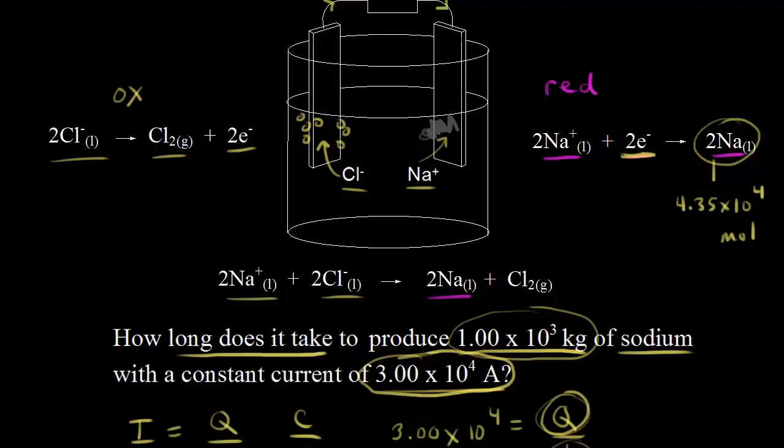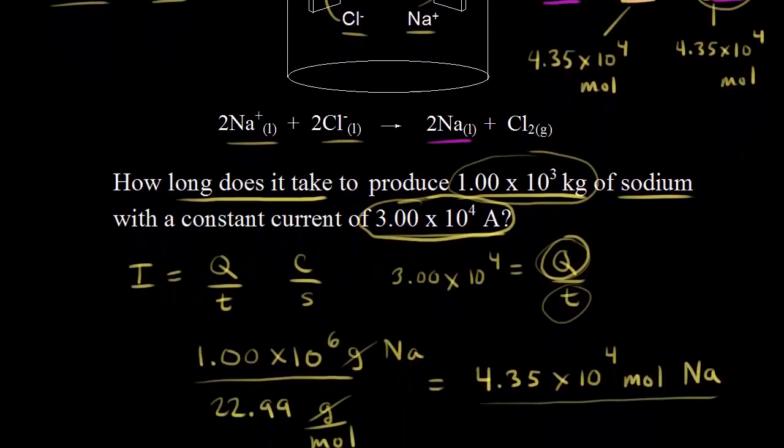How many electrons do we need to do that? The mole ratio is 2 to 2, so you need the same number of moles of electrons: 4.35 times 10 to the fourth moles of electrons. And that helps us out.